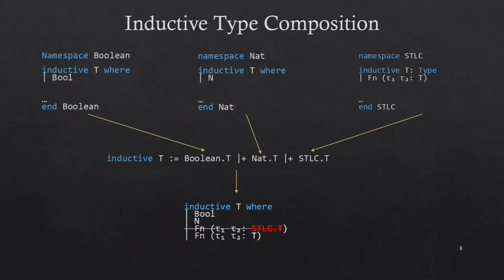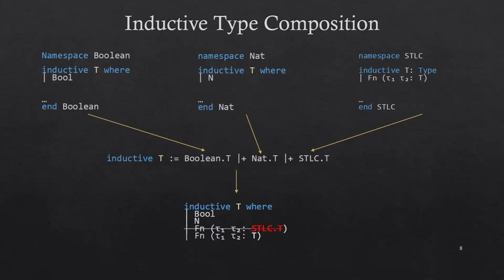Lean metaprogramming allows you to define your own syntax extensions and to introspect into the definitions of types and functions and generate code. And this is exactly what I'm doing here. So what I'm trying to do in this line is composing boolean.t, nat.t, and stlc.t into a new type called t.